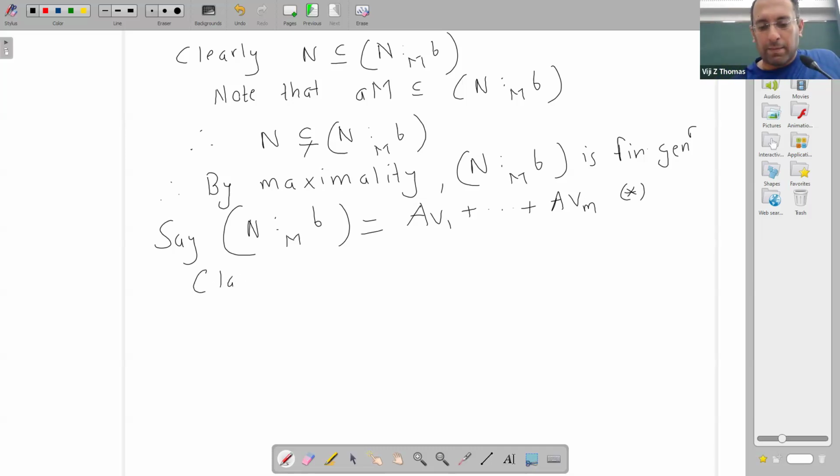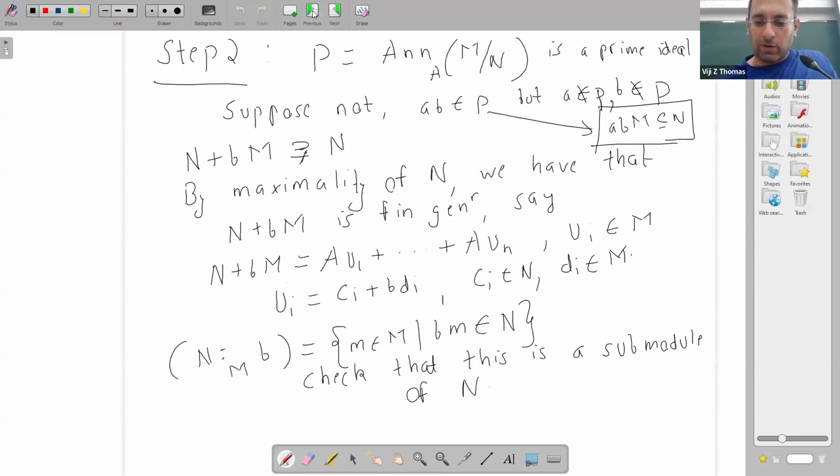Now I want to make a claim. You tell me what the claim does for us. So let me go back. So in here, N plus Bm was finitely generated by U1 till UN, and each UI is CI plus BDI. Okay.